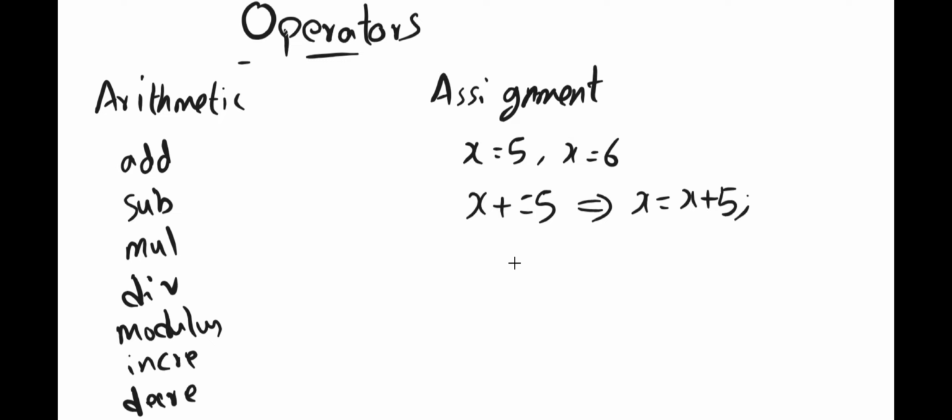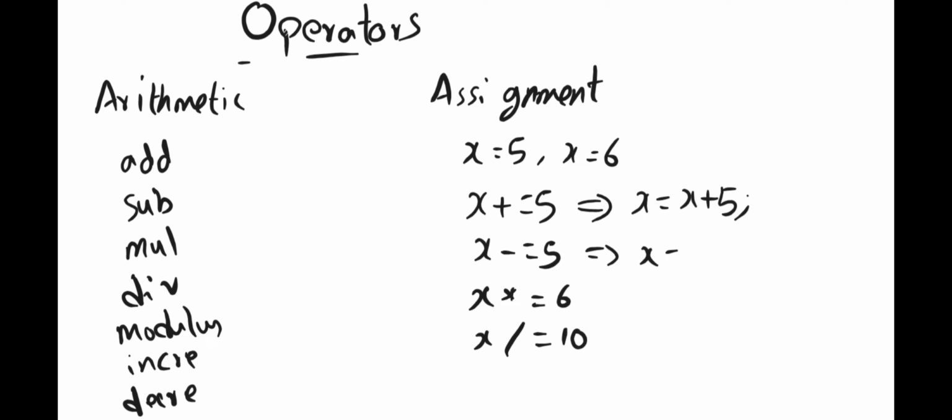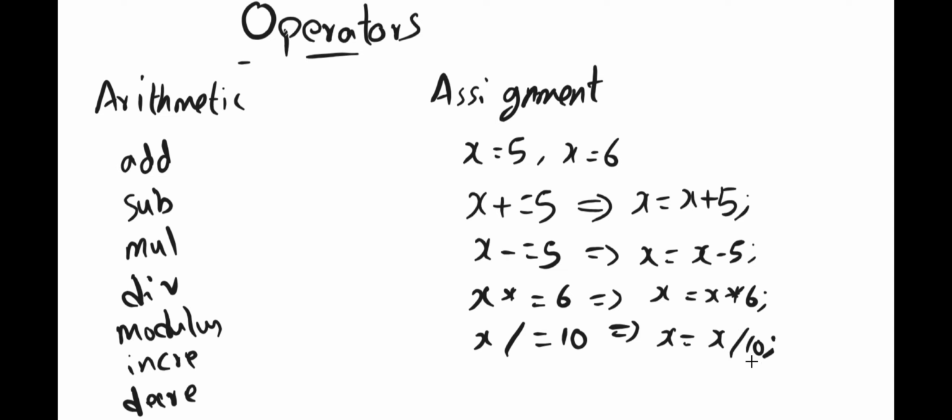And we can use this with all types of arithmetic operators, like x minus equal to 5, x times equal to 6, x divided by equal to 10. Each one means x equals x minus 5, x equals x times 6, x equals x divided by 10, whatever the value of x is.